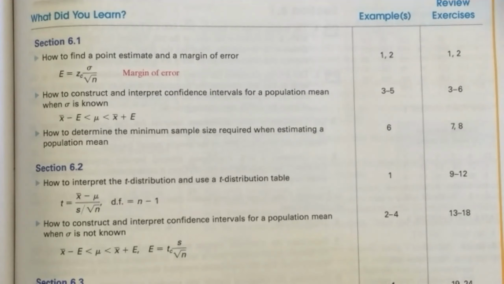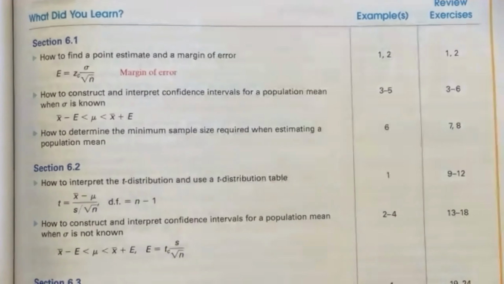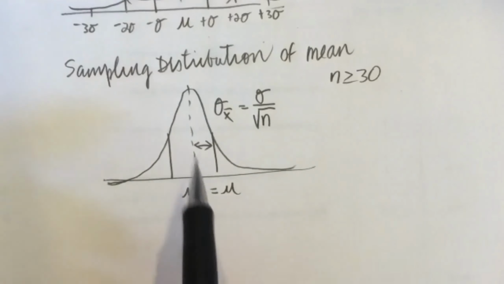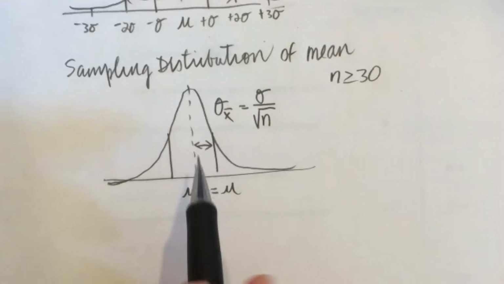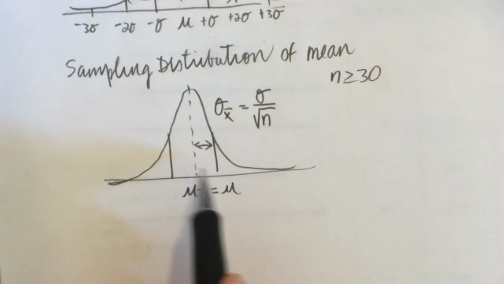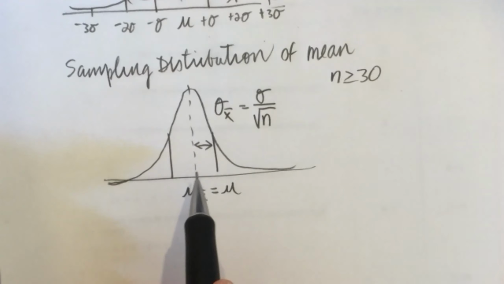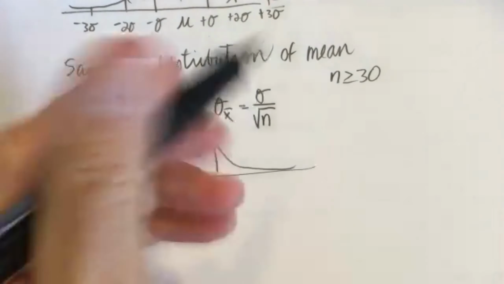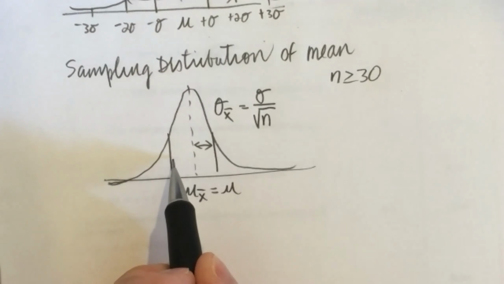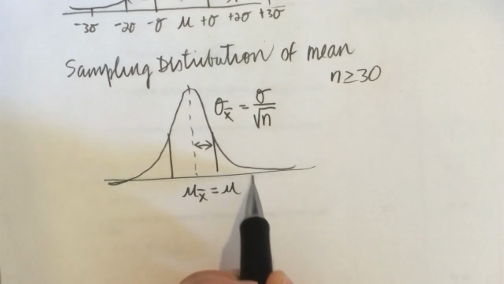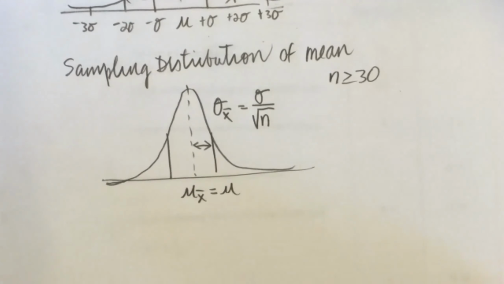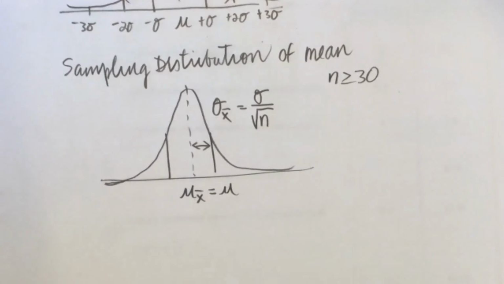So 6.1 was more or less just putting this all together and looking at this sampling distribution of the mean and saying, I wonder what's the chance that a sample of a given size falls within a particular range, or a confidence interval about the mean. And so we know that 68% or so lands within 1 standard deviation, 95% within 2, and 99% within 3. And then we said, well, we don't really want it to be approximate.